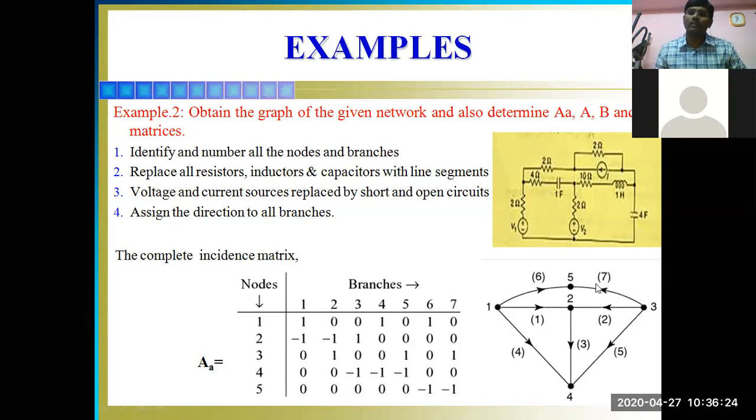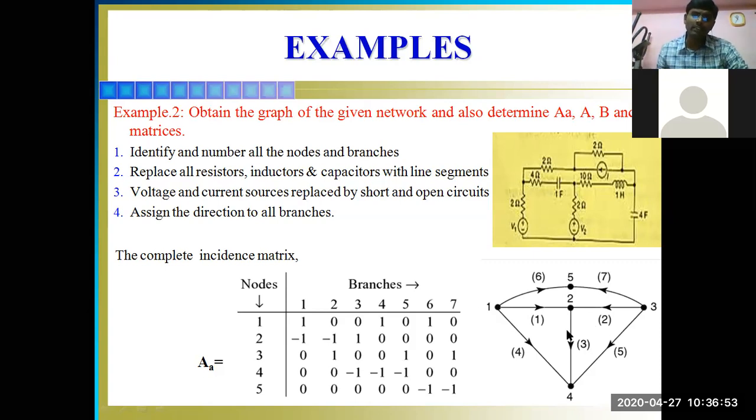After obtaining a graph, before going to obtain the matrices, you just give an orientation to each and every branch. That is also completely arbitrary, our interest. You can give any direction, but you should follow the same direction until the completion of the solution.